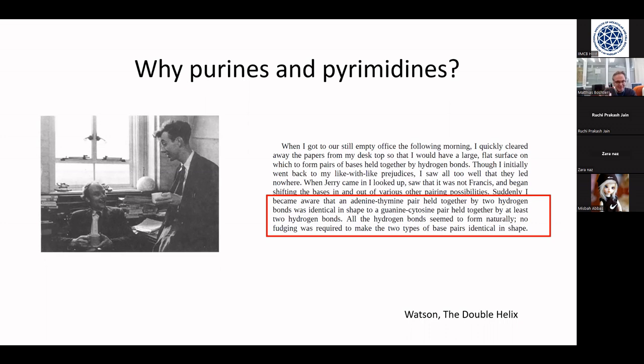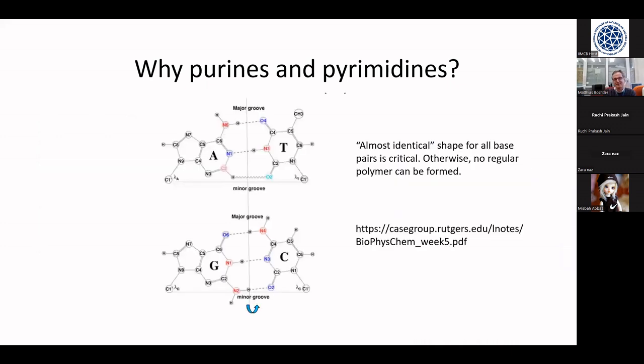He describes his joy when he realized that this means you can make a very regular polymer that is variable on the inside, but presents a uniform outside, which is important for wrapping on histones, say. So the uniformity of shape of all the possible base pairs is a key criterion for an information containing polymer, and clearly the purines and pyrimidines fit. And that's actually Watson's big insight.